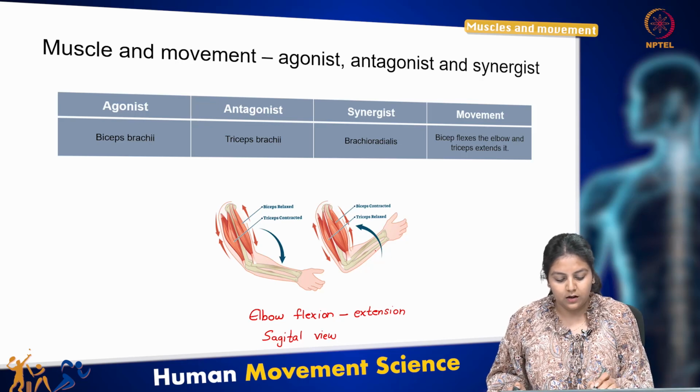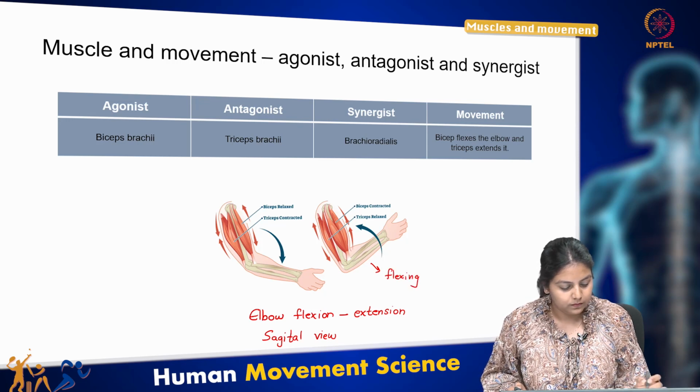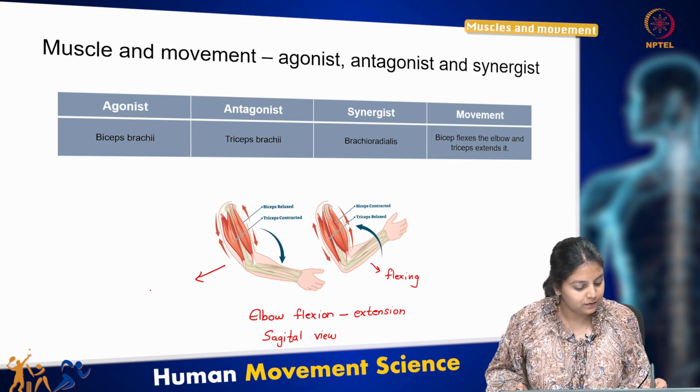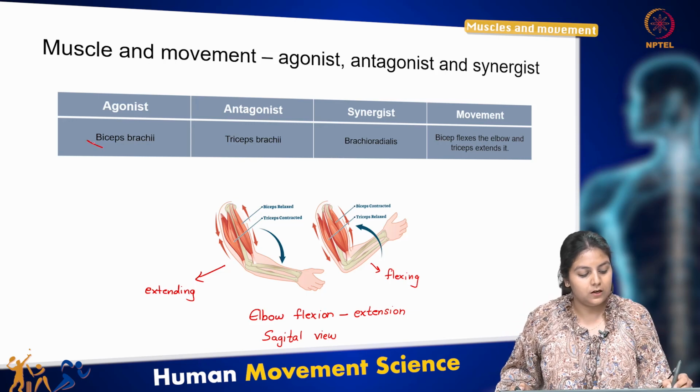So this is where your elbow is flexing and this is where it is extending. So your bicep muscle here is an agonist.